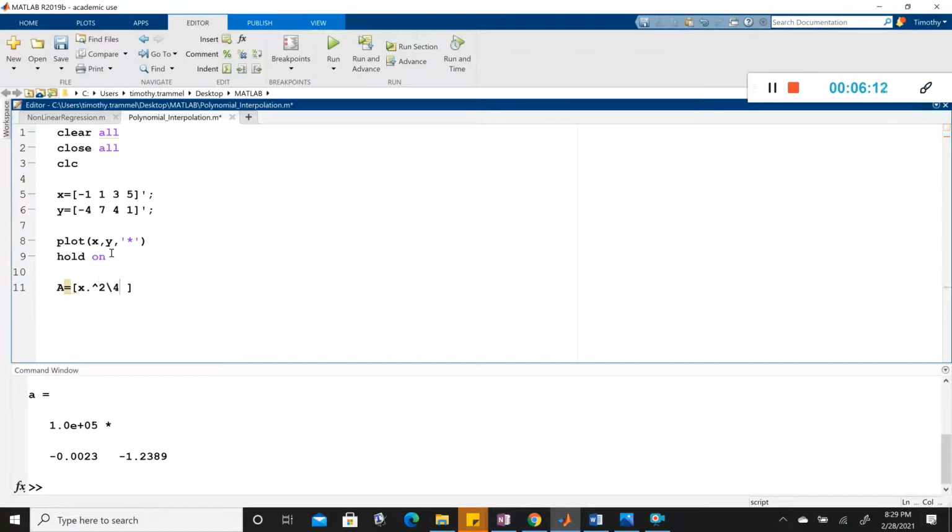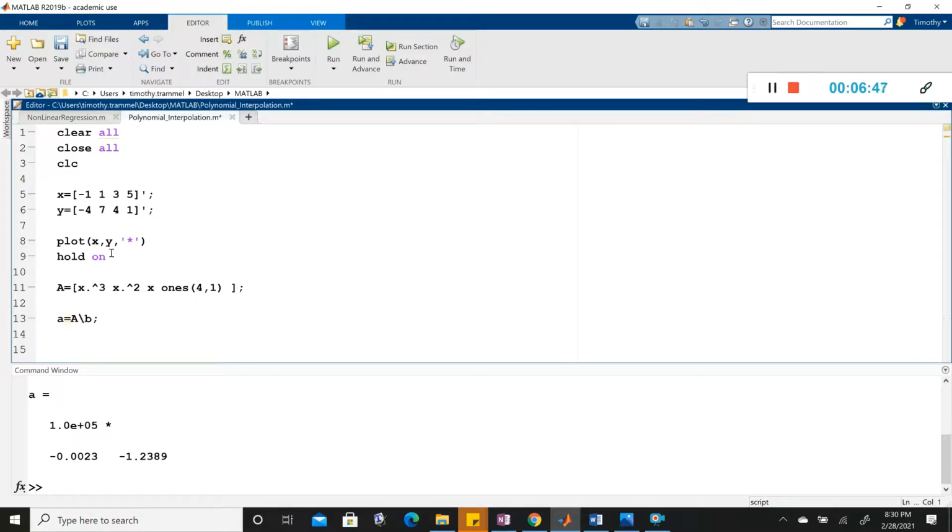And so I wanted x cubed and then x squared and then x, and then we'd also like a column vector of ones, so 4, 1. So there's A, and the system that we were solving was really A backslash B, and we were using little a's, a1, a2, a3, a4 for the coefficients, so let's just set this equal to little a.